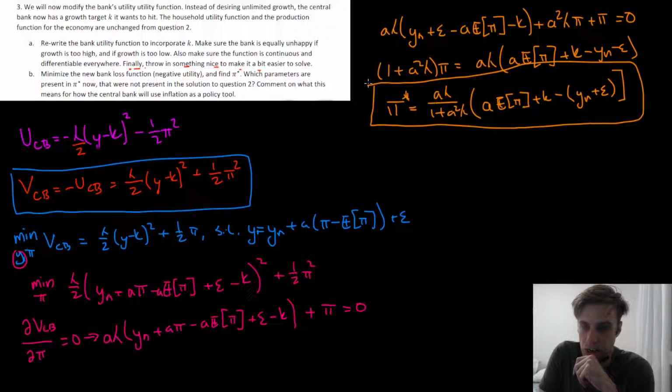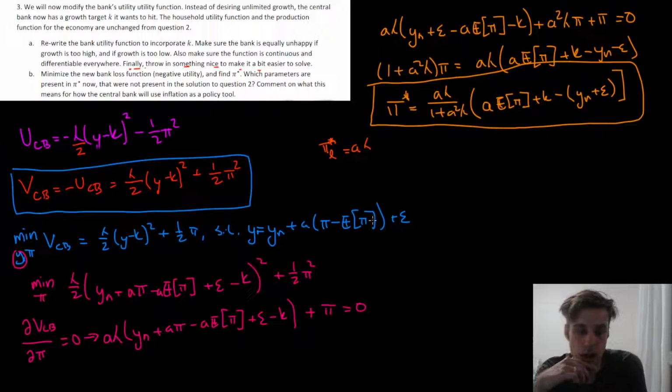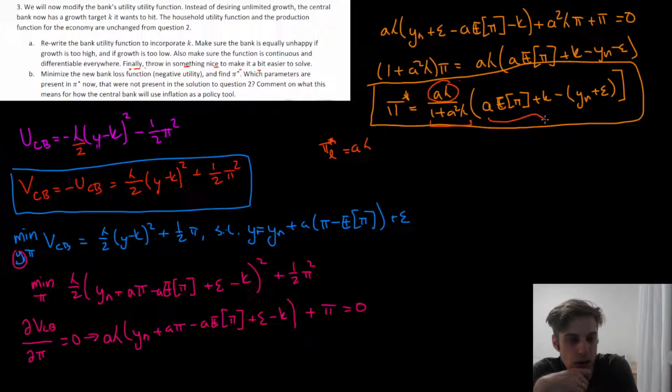So it asks, which parameters are present in pi star now that were not present for the solution in question 2? First we recall that the answer in question 2, the old one, we'll call it pi star L for linear, was just a lambda. So we see that we do have this, but it's also scaled by 1 plus a squared lambda. And then we also have this term in here, which is almost the production function.